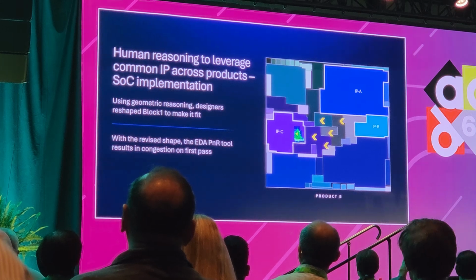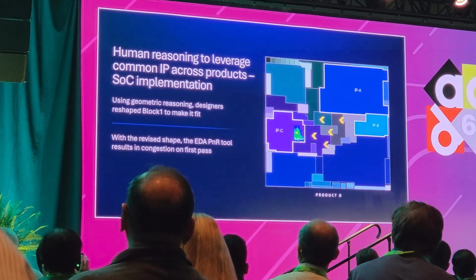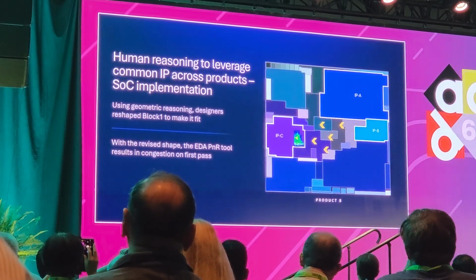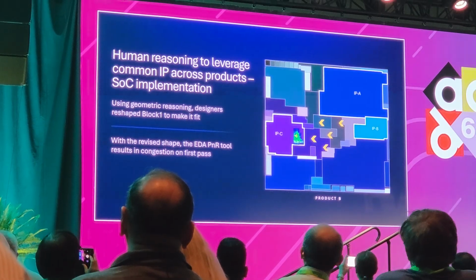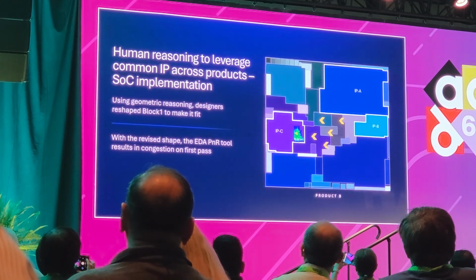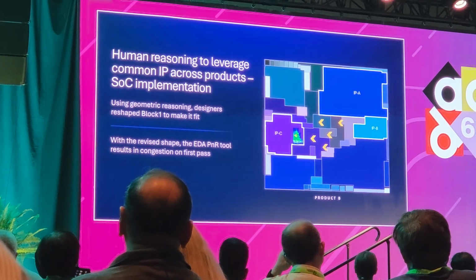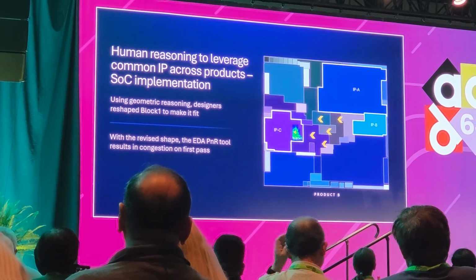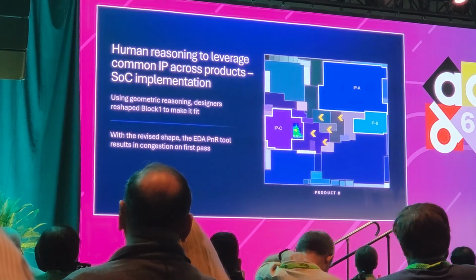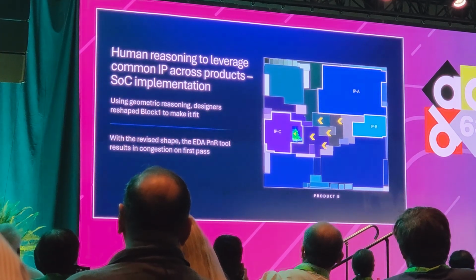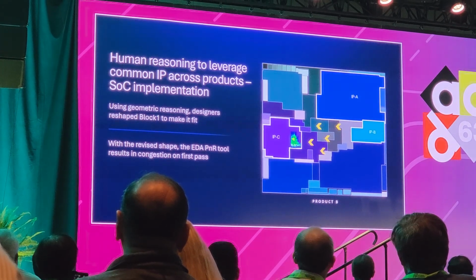So the designer used geometric reasoning skills to reshape the boundary of block 1 to fit in the boundary of IPC. While reshaping the block in IPC, the physical design tool cannot meet the PPA, power, performance, area, targets in the first iteration, and results in severe congestion as shown in the slide.